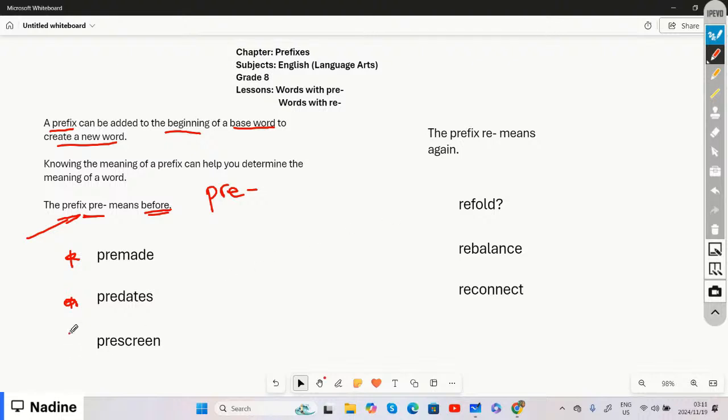Then we have another word, which is pre-screen.